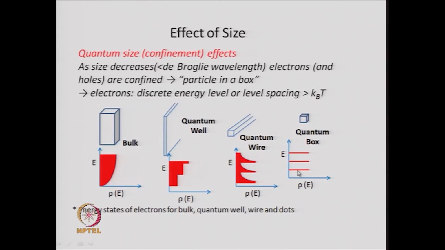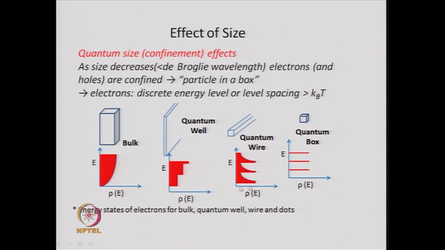So, this is a 3D quantum box, and you have now electrons in discrete energy levels in this particular case. So, what we talked about are these energy levels and the variation in the nature of the density of states versus energy plots, which cause all the changes in the optical properties of these systems, because what will happen to electrons when they are moved from this level to this level will be very different from shining light and pushing electrons between these levels, and again it will be different in this case.